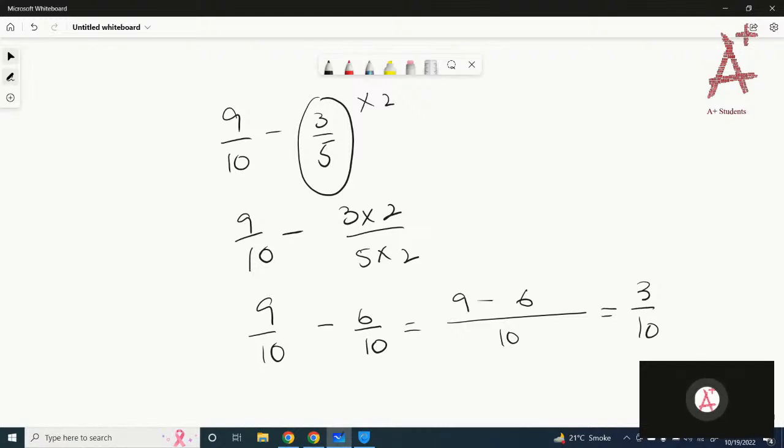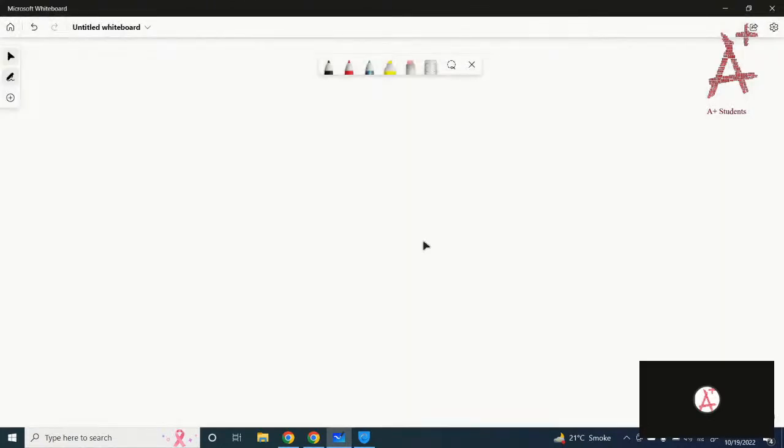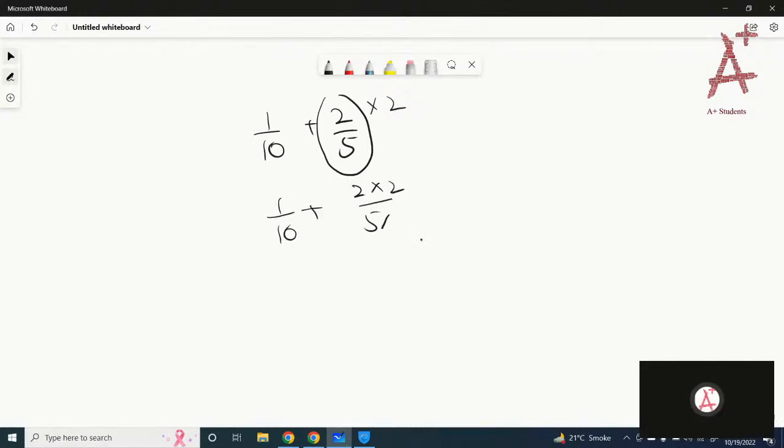Okay, the next one is 1 by 10 plus 2 by 5. So first of all, you need to make their denominators same. Just multiply this fraction by 2. So it would be 1 by 10 plus 2 times 2 divided by 5 times 2. Got it?